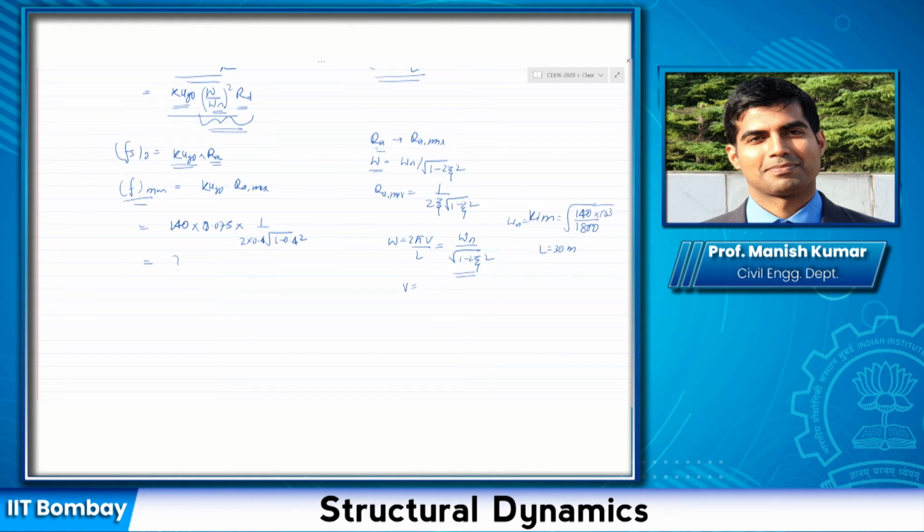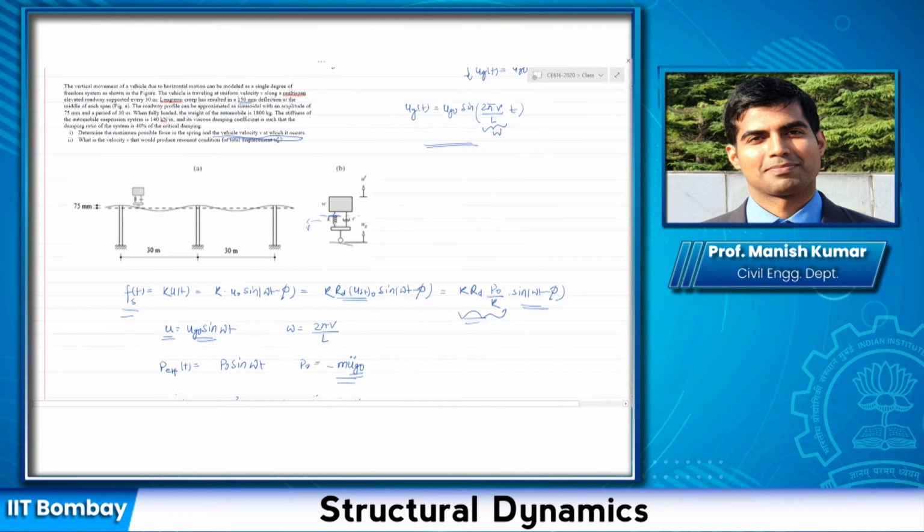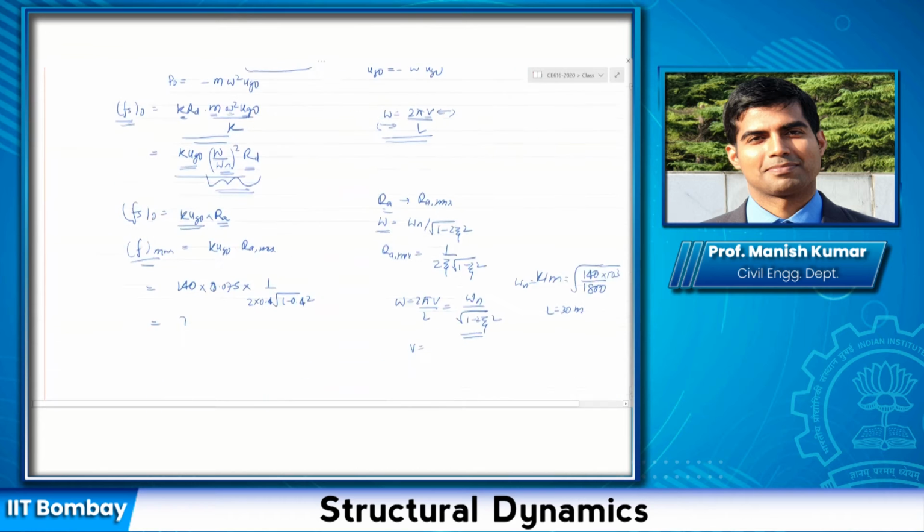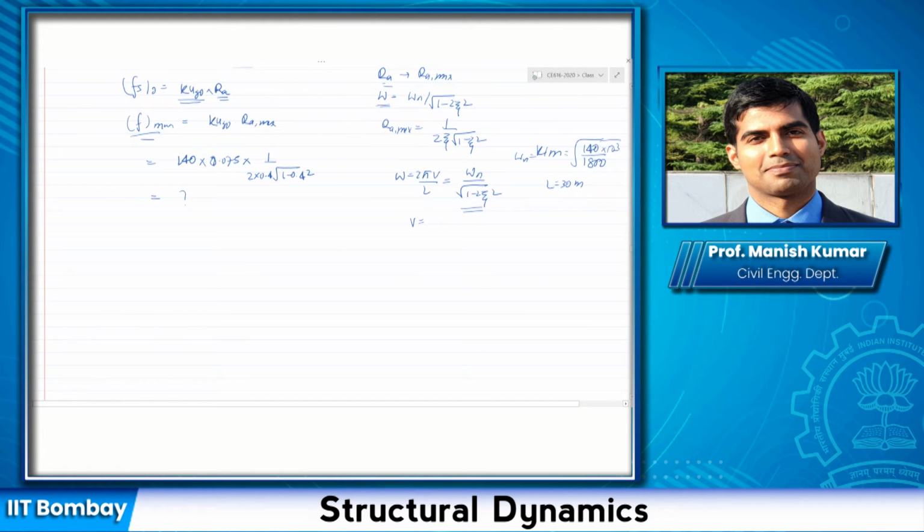Now let us discuss the second part of the problem. Again, I have to find the velocity v that would produce the resonant condition for the total displacement u0t. Now here the transmissibility is going to come into the picture. So transmissibility is what? Peak total displacement divided by the peak ground displacement, ug naught.